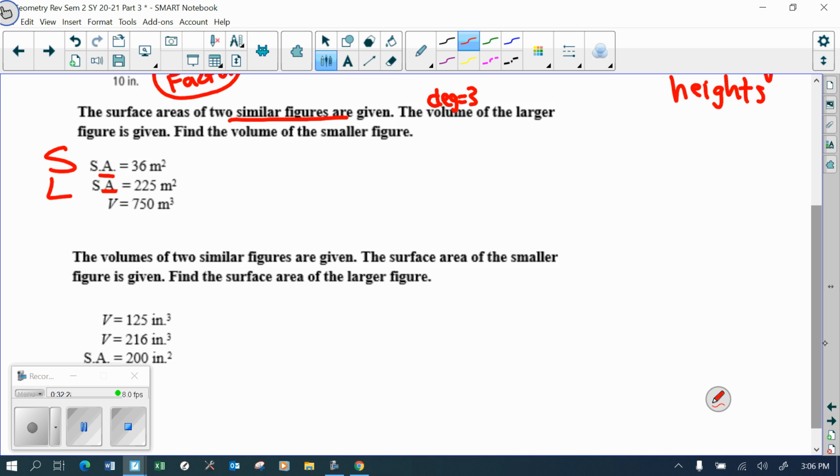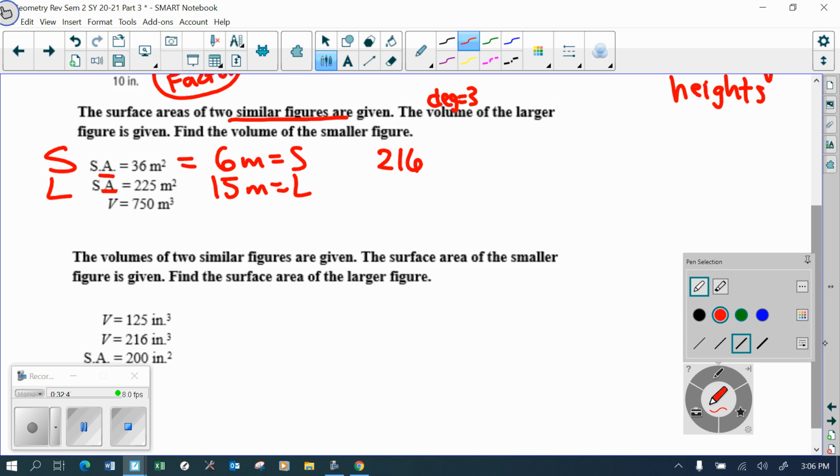I take the square root of 36, and I get 6 meters for the smaller one, and the square root of 225 is 15 for the larger one. That's degree 1. Now I cube each of those. 6 cubed is 216. Don't forget that's the smaller one.